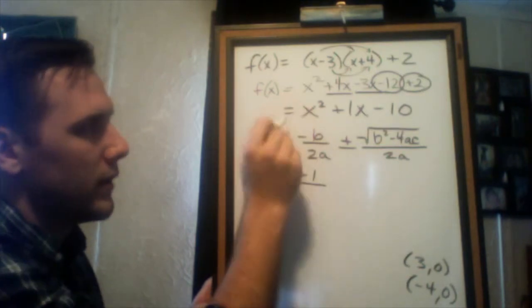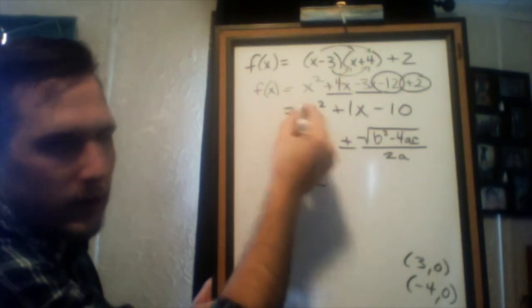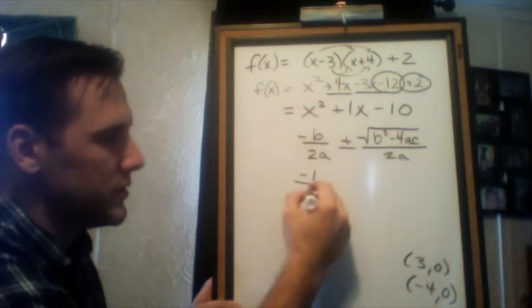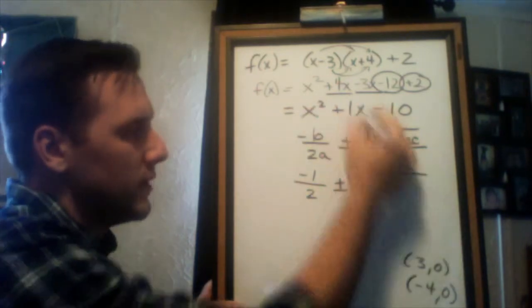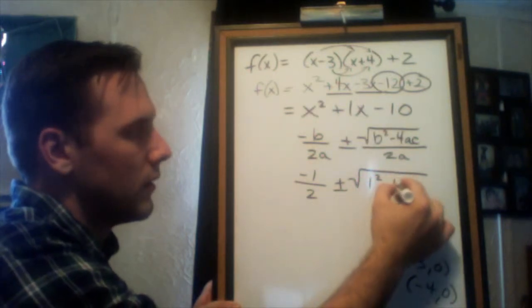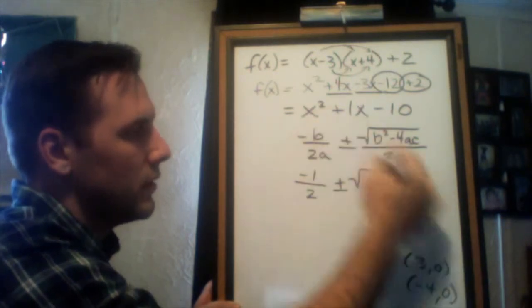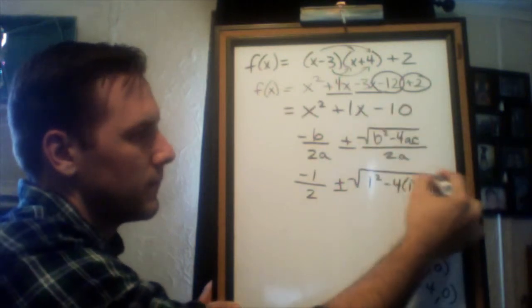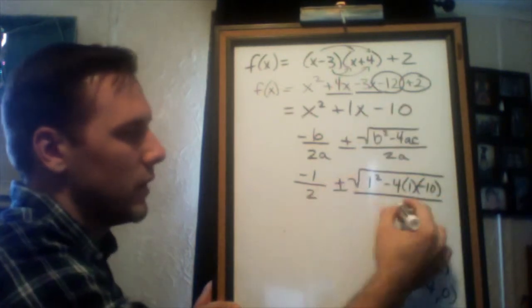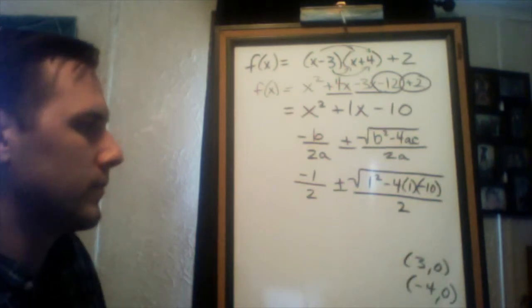There isn't a number here, but we know that's a hidden 1, so 2 times a would just be 2 times 1, which is 2, plus or minus the square root of b squared, so 1 squared, minus 4 times a, which we said was 1, times c, which is negative 10. Again, all that will be over 2a, which we already saw was 2.